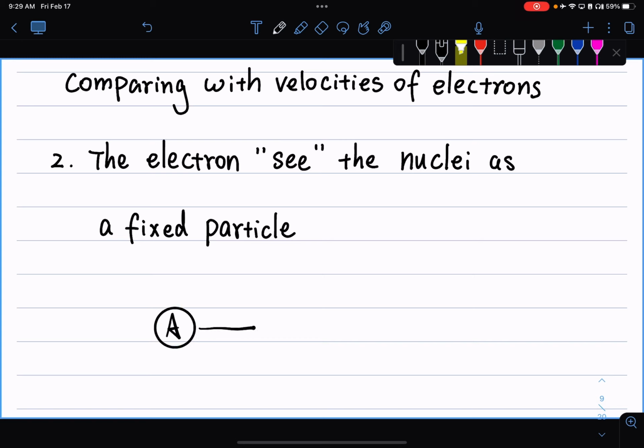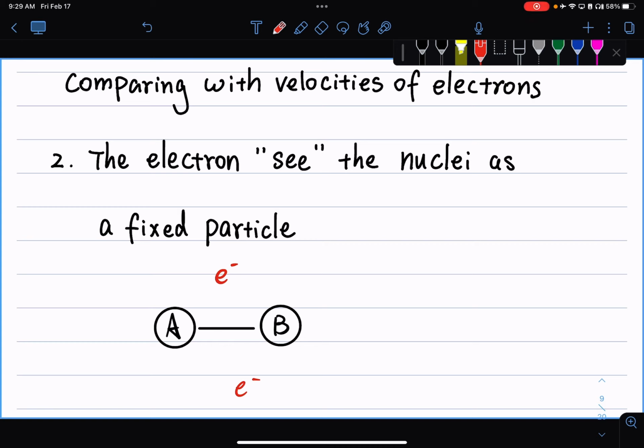So A and B. Electrons are not particles, but if we have the electron somewhere and it's moving around, it will pretty much see your nuclei fixed. So from the point of view of the electron, the nuclei are not moving at all.